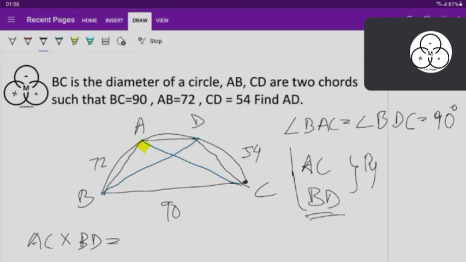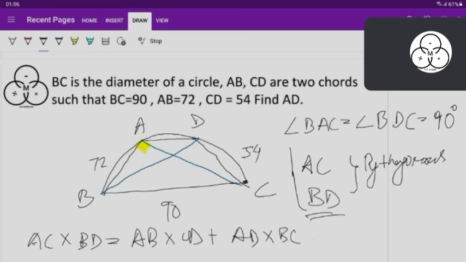Using Ptolemy, AC into BD will be AB into CD plus AD into BC, and we will get our answer because we have the values of AC and BD by Pythagoras theorem, and the other three sides are also known.